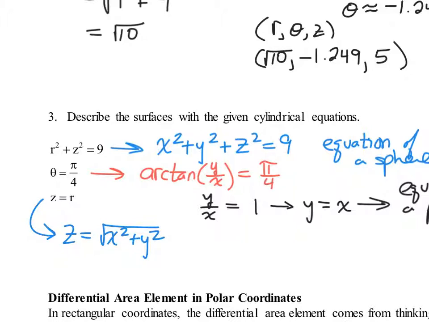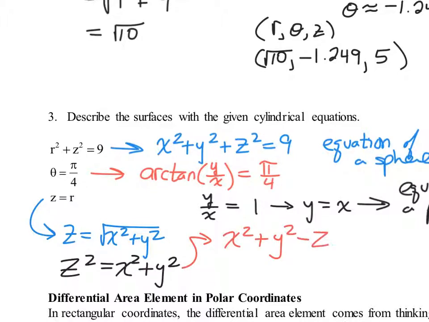Now, that one in and of itself might not seem like something that would be instantly recognizable, so maybe you square both sides. And then get it into standard form. X squared plus y squared minus z squared is equal to 0.